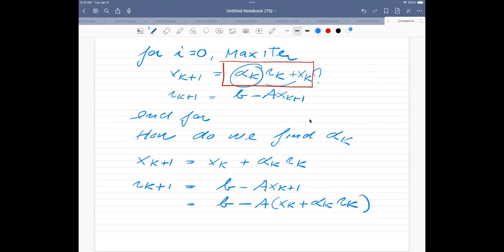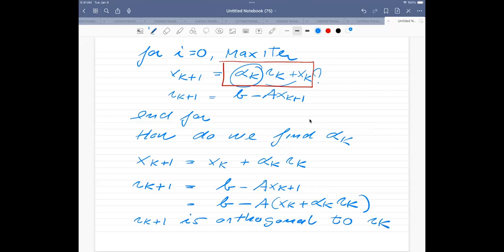So what we get then is, when we look at this expression here, if we now take r of k plus 1 and look a little bit more carefully at the expression, keep in mind that we are assuming that this is orthogonal to r of k.